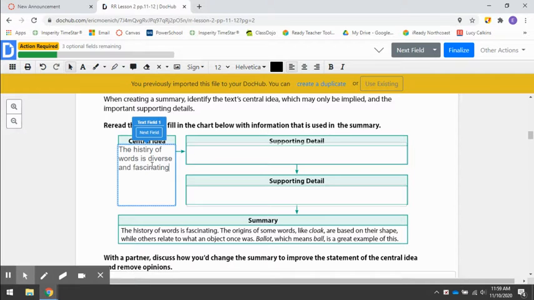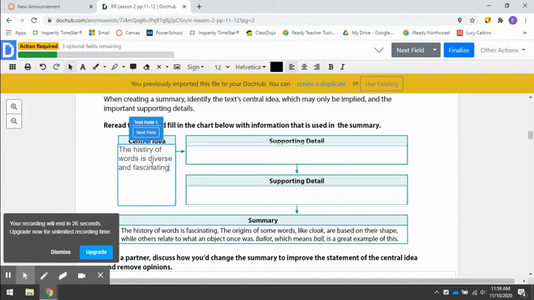That sounds like it would be a central idea. And then these two other things, right? The word cloak coming from the shape of a bell, and ballot meaning the Italian word for ball. That would be my two supporting details that I'll type in here in the next video.